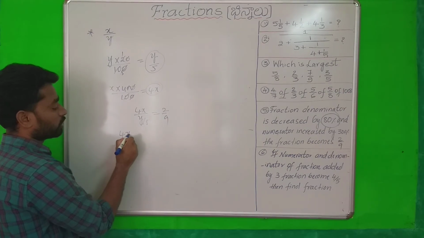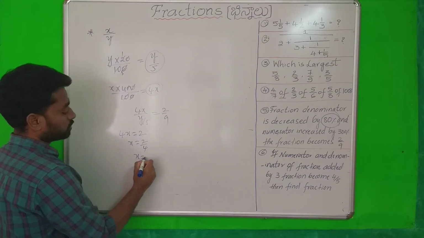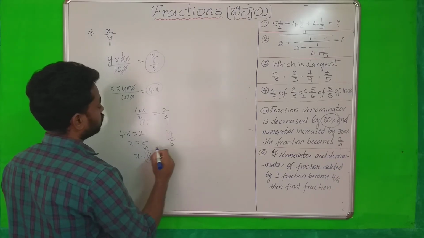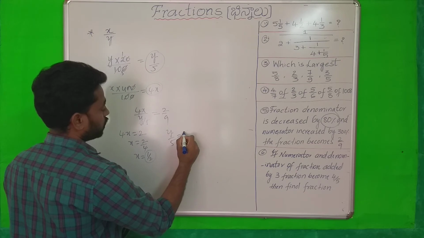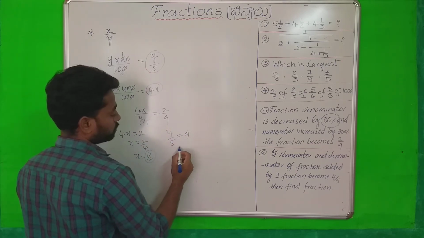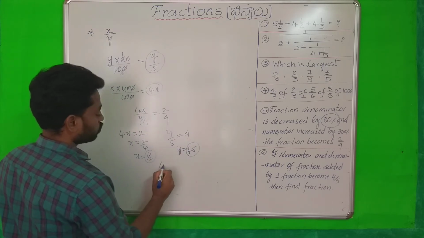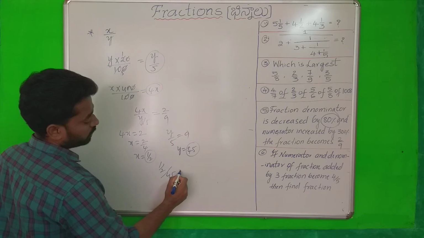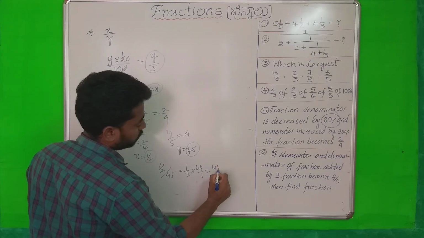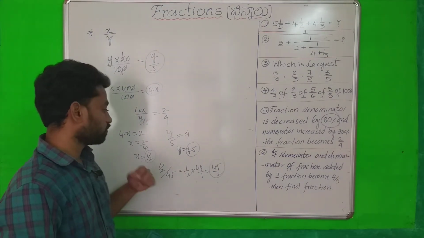So we can write 4x is equal to 2, x is equal to 2 by 4, x is equal to 1 by 2, and y by 5 is equal to 9. Do the cross multiply, y is equal to 45. So 1 by 2 by 45, we can write 1 by 2 into 45 by 1, this is 45 by 2. Like that you can write the fraction.